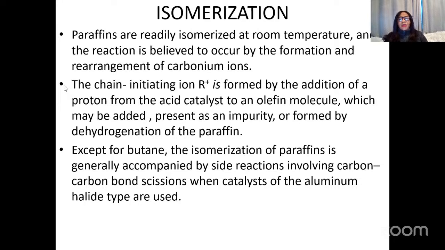So except for butane, isomerization of paraffin is generally accompanied by some side reactions involving carbon-carbon scission, breaking of the carbon-carbon bond, when catalysts of aluminum halide type are used.